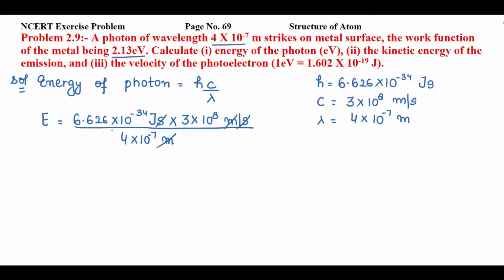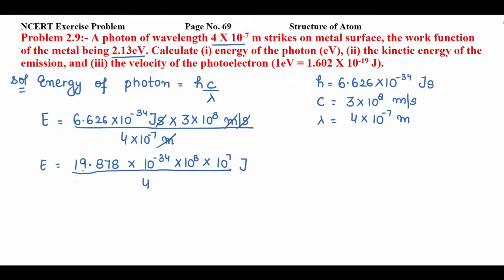So when you multiply 6.626 with 3, your answer will be 19.878. Okay, so you'll compile the powers: 10^-34 into 10^8. Now this power 10^-7, when I take it to the numerator, it will change its sign. So it will be 10^7 divided by 4, and the unit we have is joule only.